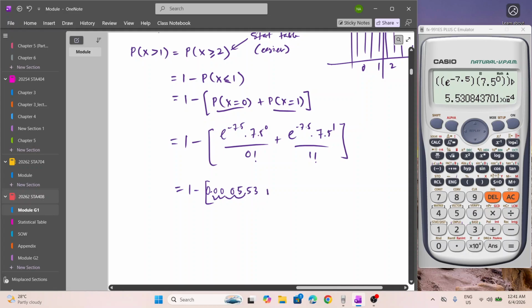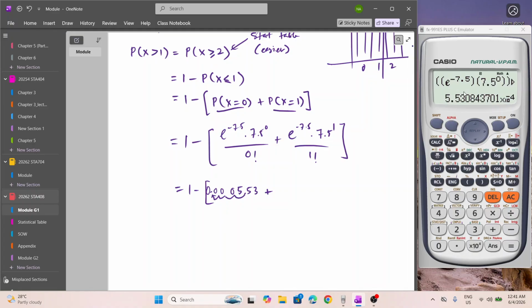Okay, plus, just change the value, sorry, change this value to 1 and 0.5 of 1.